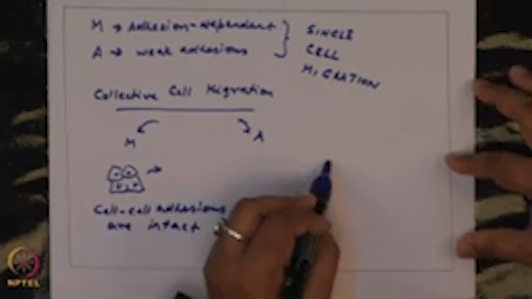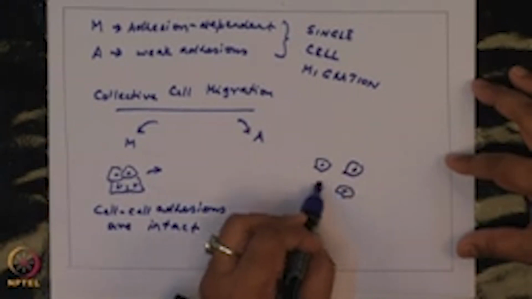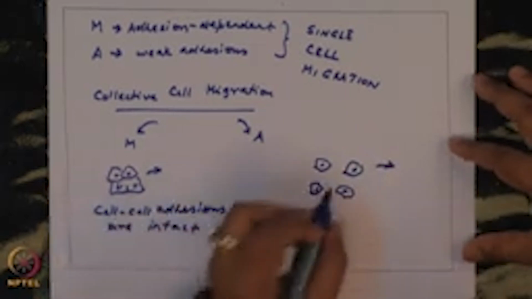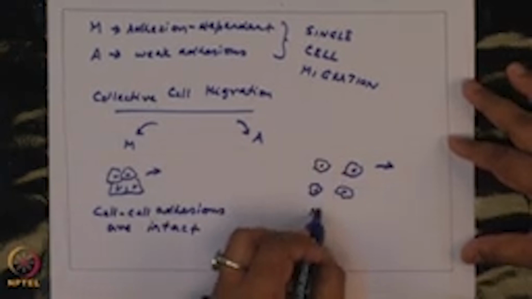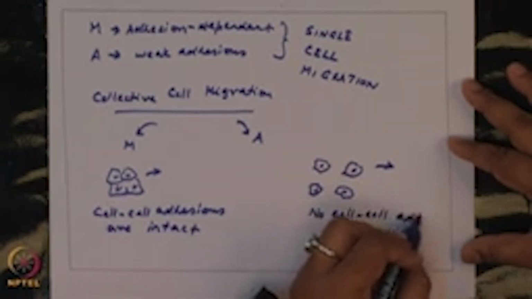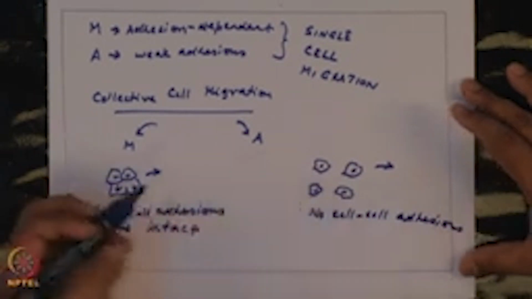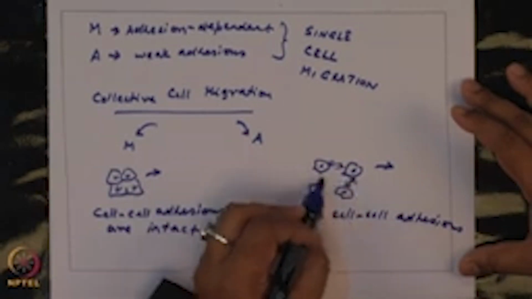But you might also have a situation where multiple cells are moving coherently in a given direction, but they are not attached to each other. So, there are no cell adhesions, but still you have a directionality to the migration. In this case there are soluble cues which coordinate the interaction between these cells.